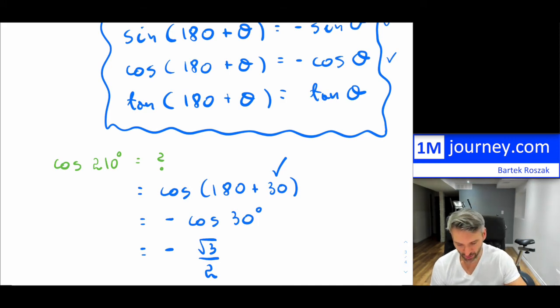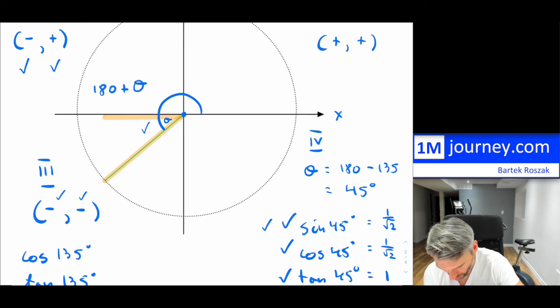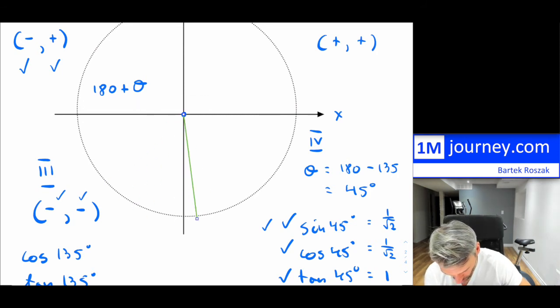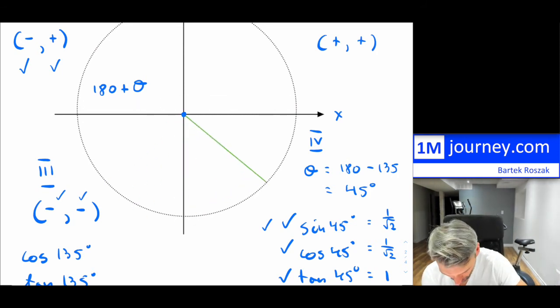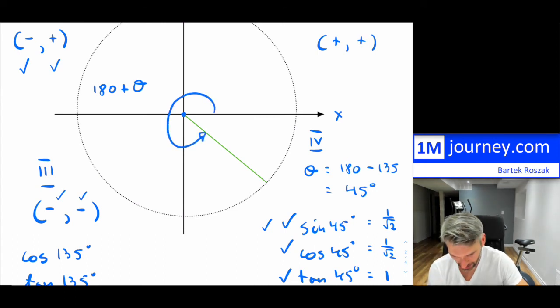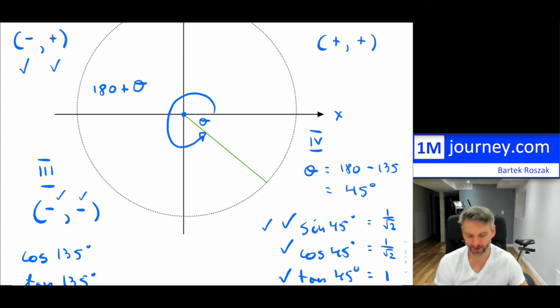Now, the last one is, what happens if they fall in the last quadrant? So what if my angle now, this angle and this arm just keeps swinging around, let's say, and it goes all the way here. And now I am referring to this angle going all the way around here. And now I'm going to make a complementary angle, let's say this.